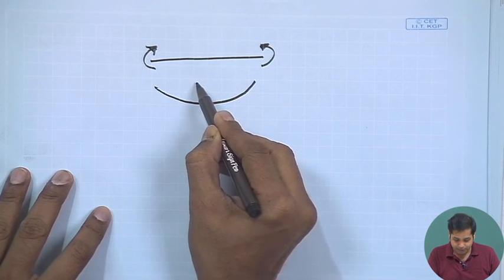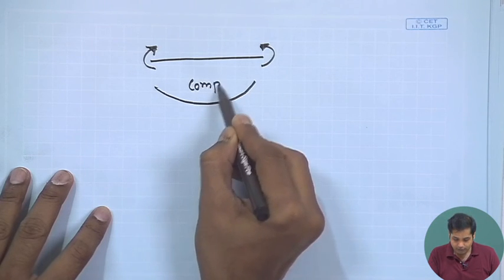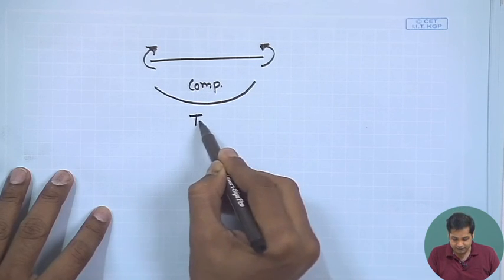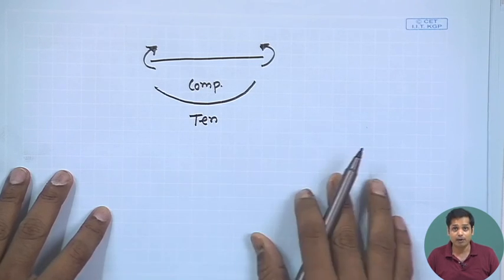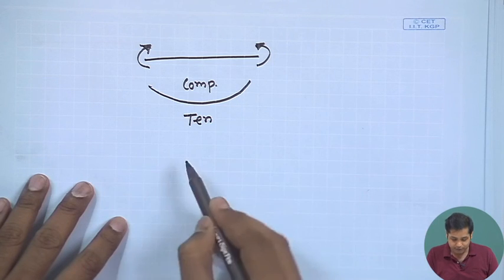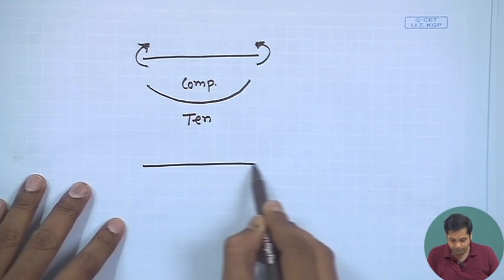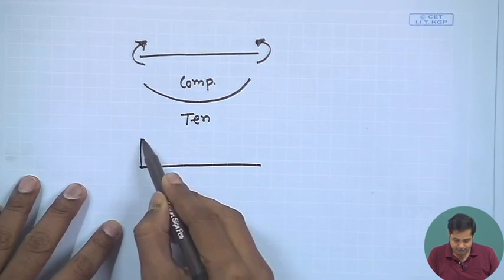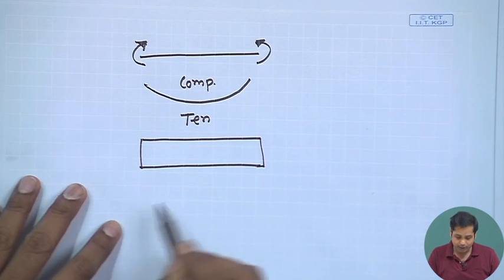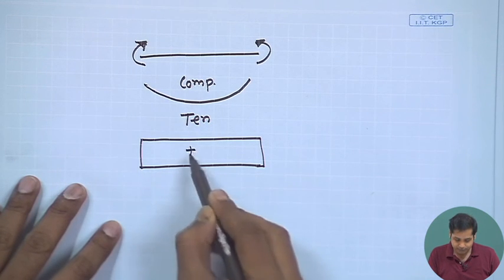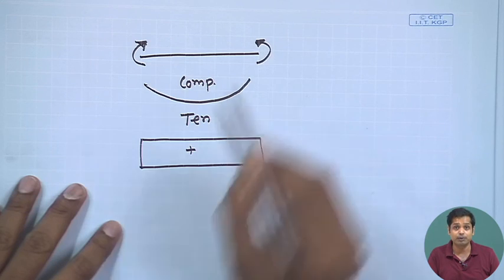Then this is the compression side and this is the tension side. The bending moment diagram is drawn like this. So, in this case, bending moment is positive.